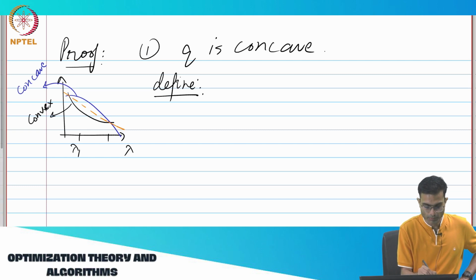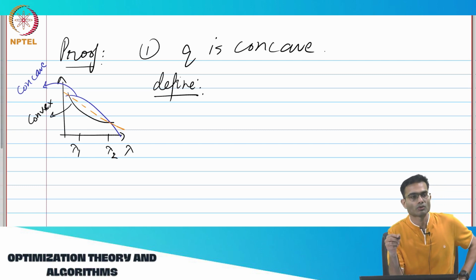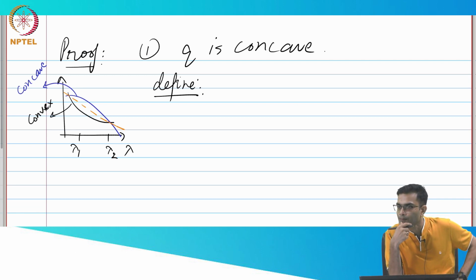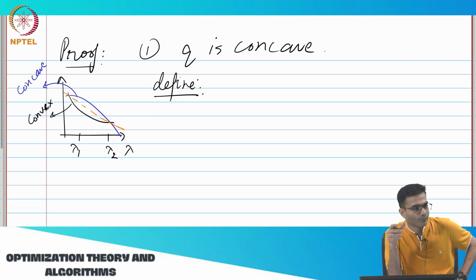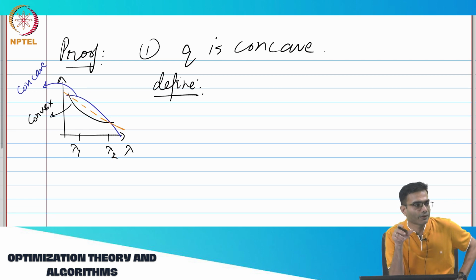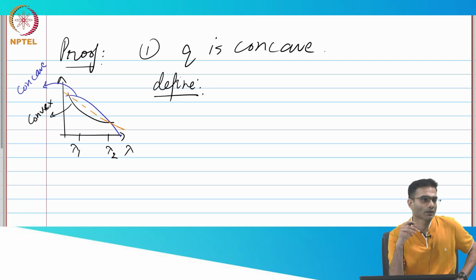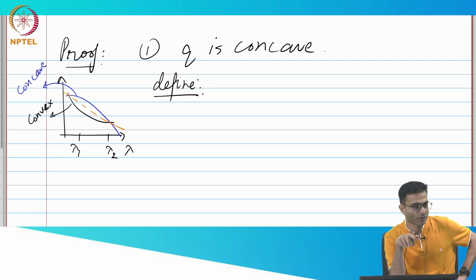So how would I define a concave function? So let's say this is lambda 1, lambda 2. So what would be the definition of a concave function? This is analogous to convex, but what is the difference? Correct. So in words, the function value lies above the line joining the 2 points, right?